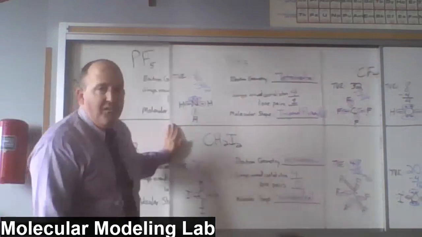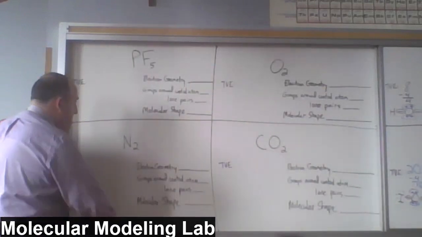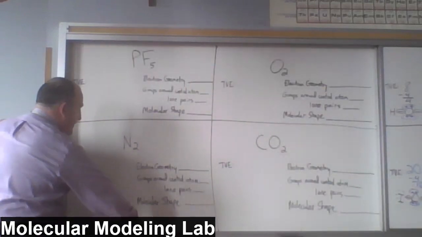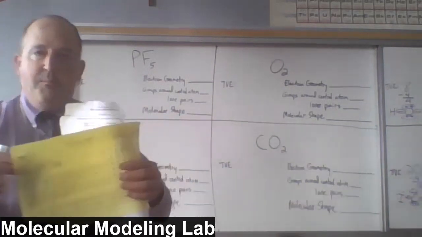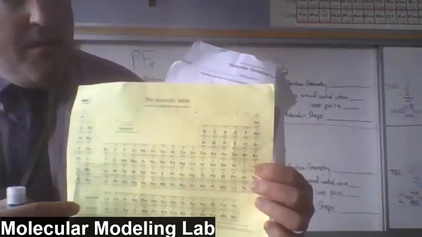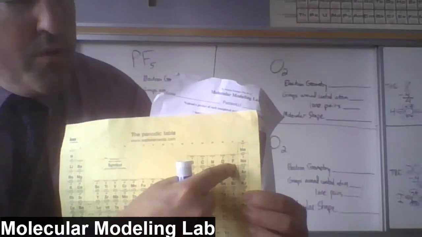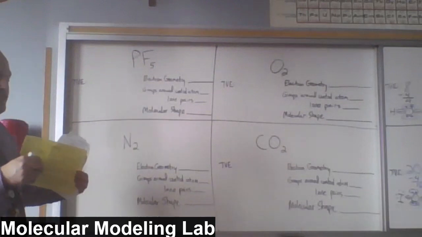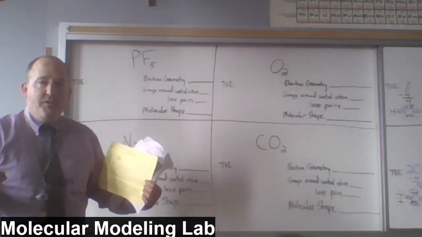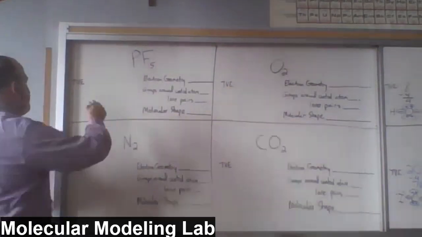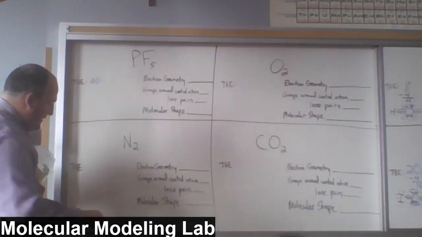Okay, doing great. Let's tackle the last 5. And we'll begin by referring to the periodic table, as we always do. Phosphorus has 5 valence electrons. Fluorine is found in the halogen column, which has 7 valence electrons, each of which carry 7 valence electrons. That's 35, plus another 5 from the phosphorus.